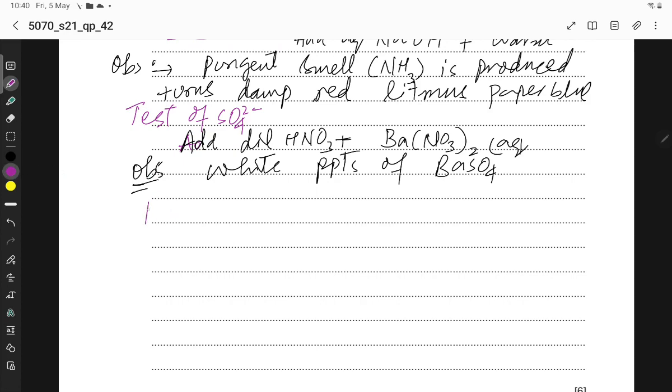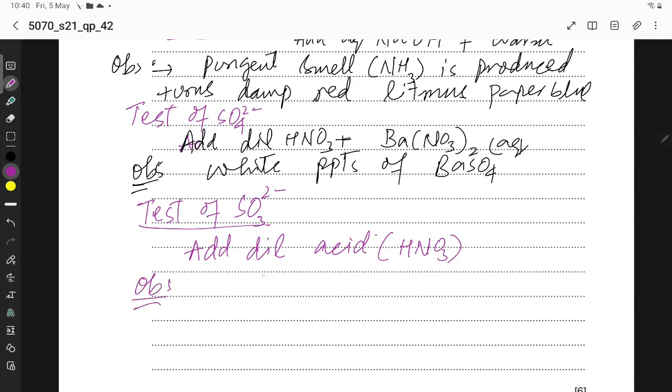Test for sulfite ion. Add dilute acid, HNO3.